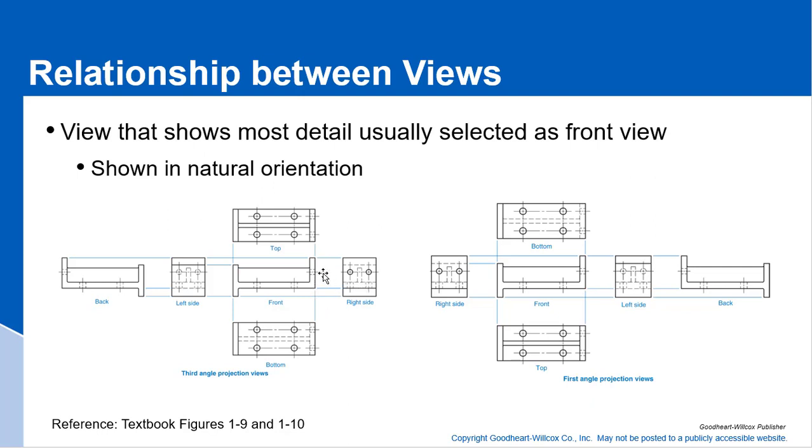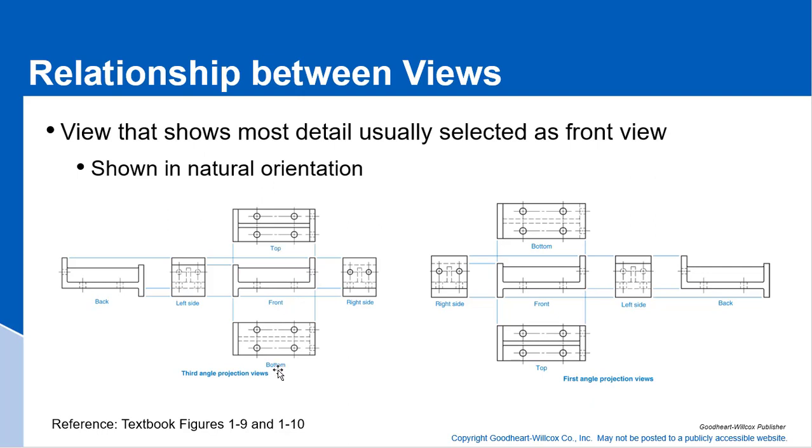The right side view is placed to the right of the part, and the left side view is looking at this face right here. Then here's the front view again, the bottom view is as if you're looking up at the part from the bottom, and the top view is looking down.